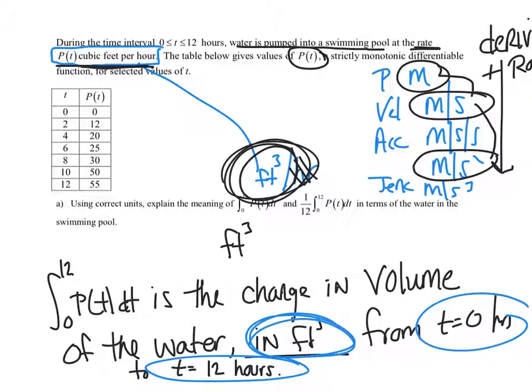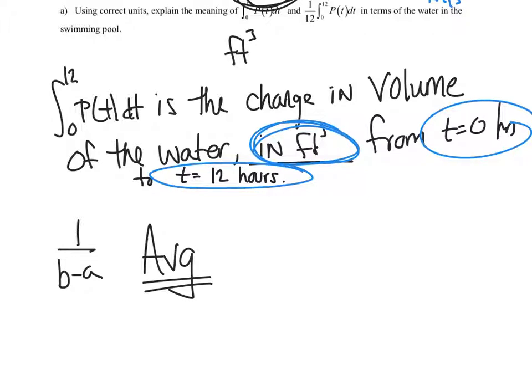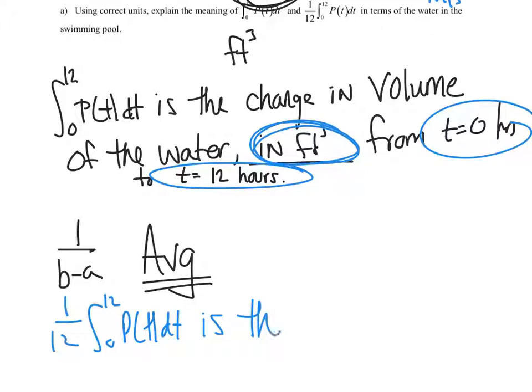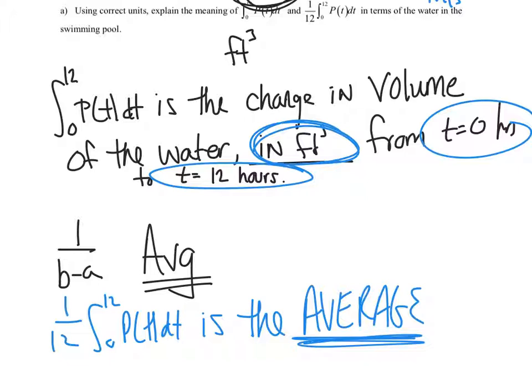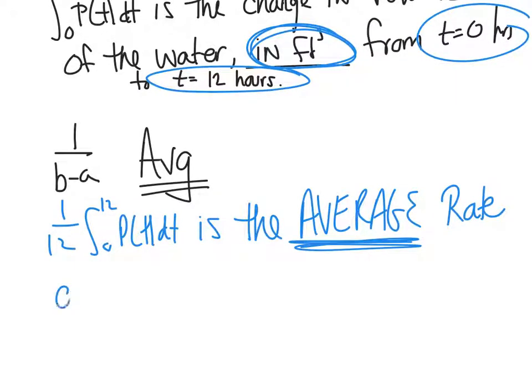So as I go to write this, I'm going to say 1 over 12, the integral from 0 to 12 of P of T dt is the average, the keyword being average. It's the average what? Well, it's the average of P of T, which we just said is the rate at which water is being pumped into the swimming pool.